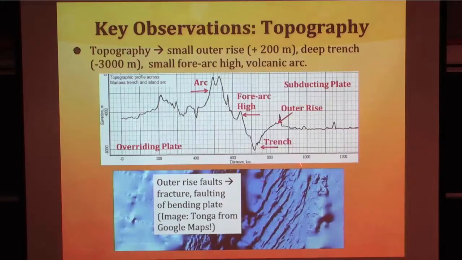I also showed here a picture from Google Maps. If you go into Google Maps, put on the terrain topography view and go into the oceans, you can see all of the swath bathymetry data that has been collected by the United States and other places and pooled together. They've embedded this into a smooth image of topography based on gravity.